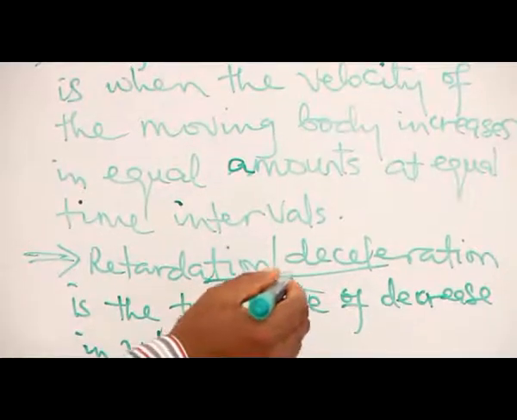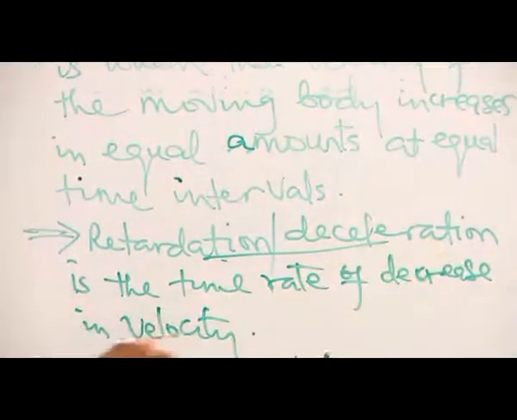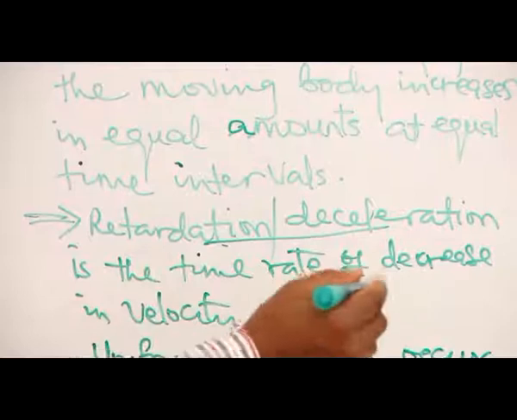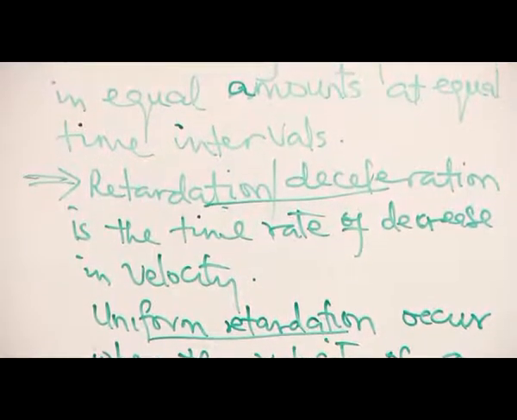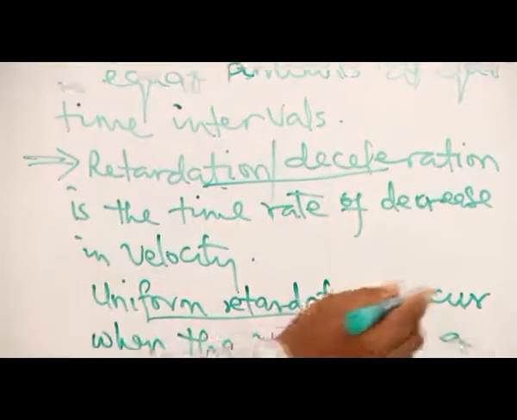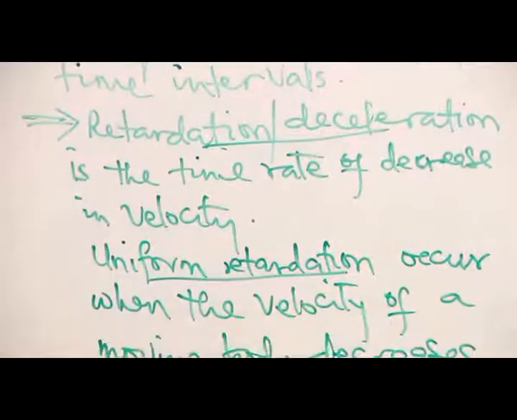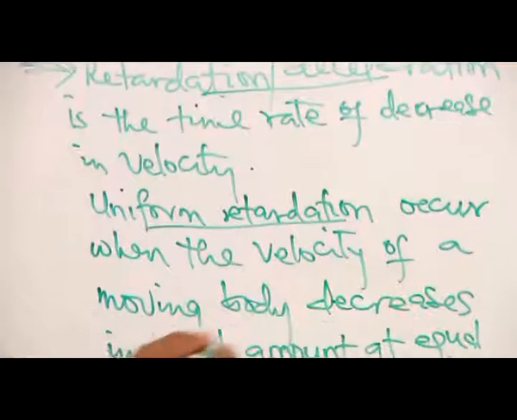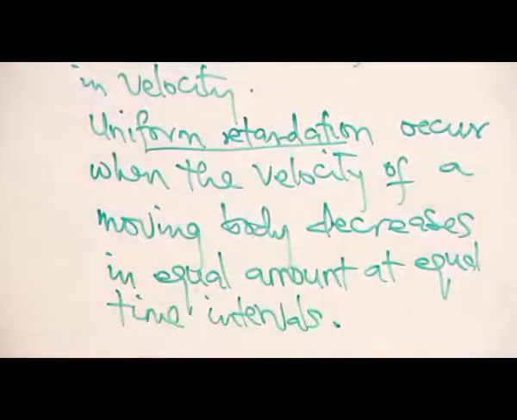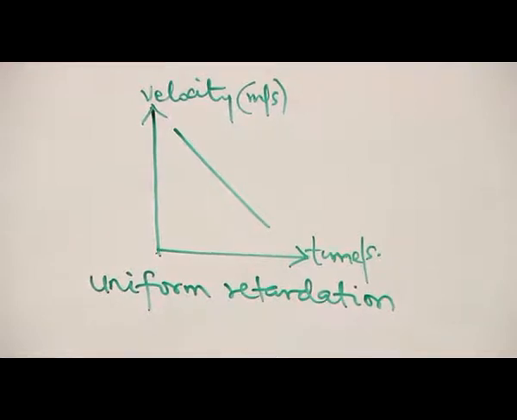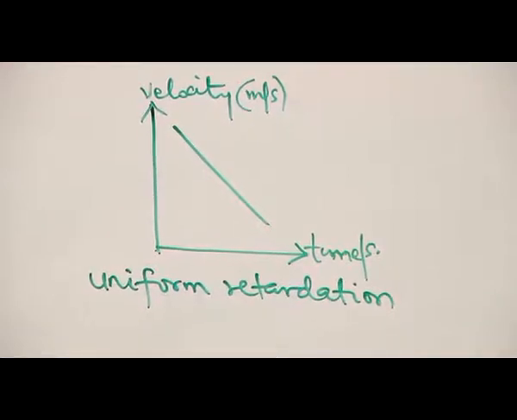Retardation or deceleration is the time rate of decrease in velocity. Uniform retardation occurs when the velocity of a moving body decreases in equal amounts at equal time intervals. It is represented as shown below.